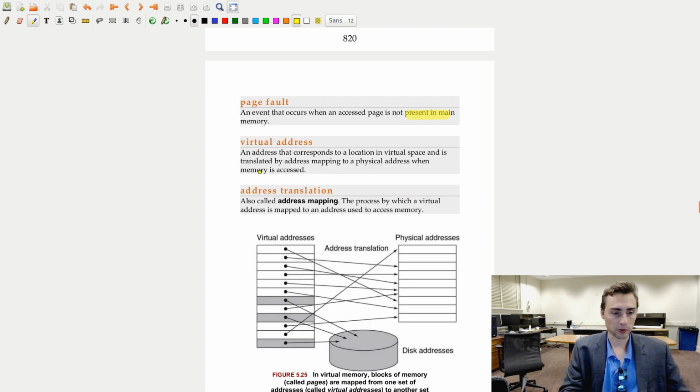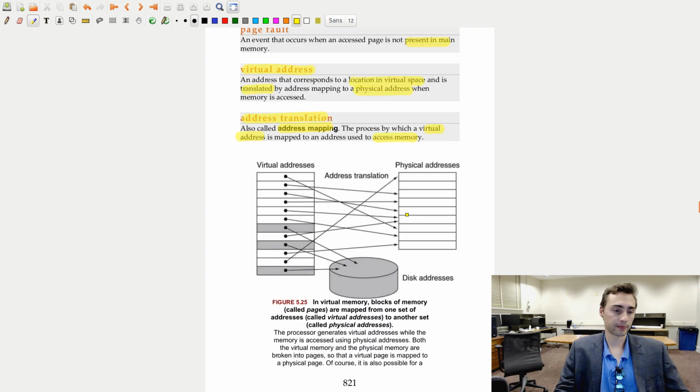So going back over a couple terms, a virtual address is an address that corresponds to a location in a virtual space, but then has to be translated to a physical address when accessed. And this address translation, called address mapping, is how we map these virtual addresses when we try to access physical memory.